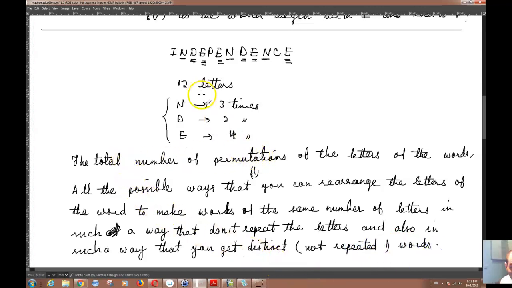So the total number of permutations of the letters of this word.